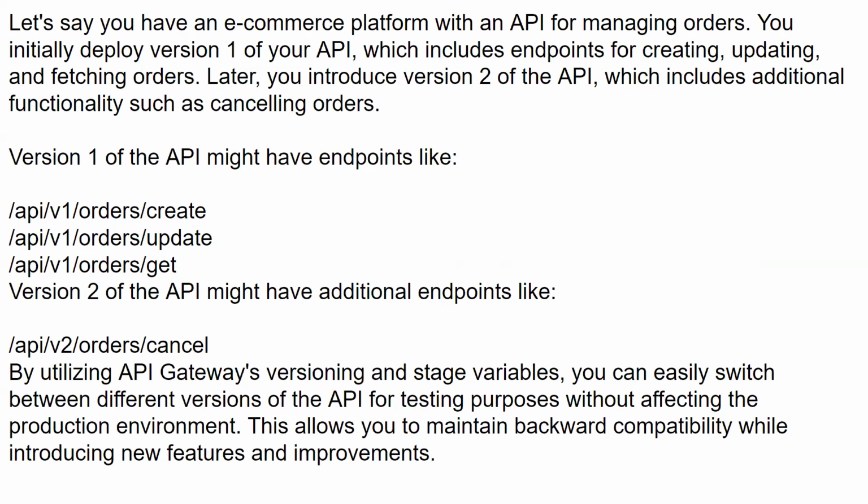Version 1 of the API might have endpoints like these, and version 2 might have additional endpoints like these. By utilizing stages, you can easily switch between versions of the API.